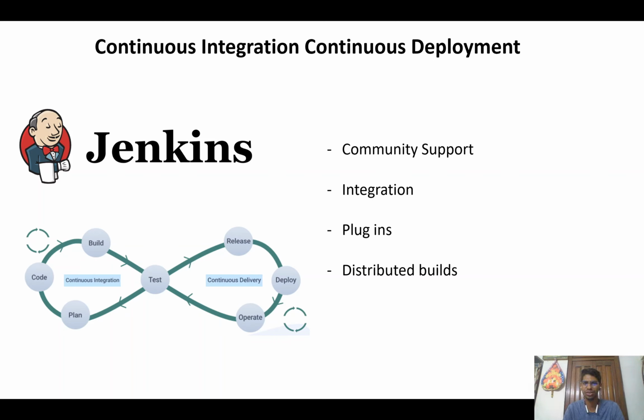Jenkins is open source and written in Java, so you have to install Java on the server to run Jenkins. Jenkins is free of cost because it is open source.